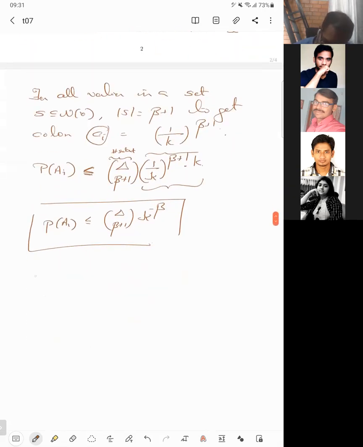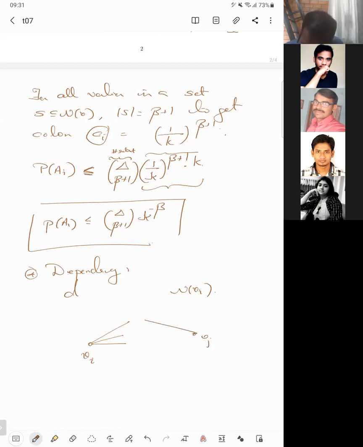So dependency. We'll analyze the dependence. What is the dependency degree? How many events can one of these depend on? The neighborhoods of Vi and Vj are disjoint. Exactly. If Vi and Vj do not share any common neighbor, then this event has nothing to do with Vi.